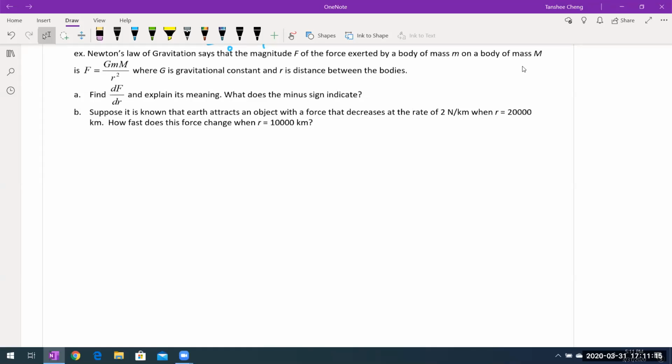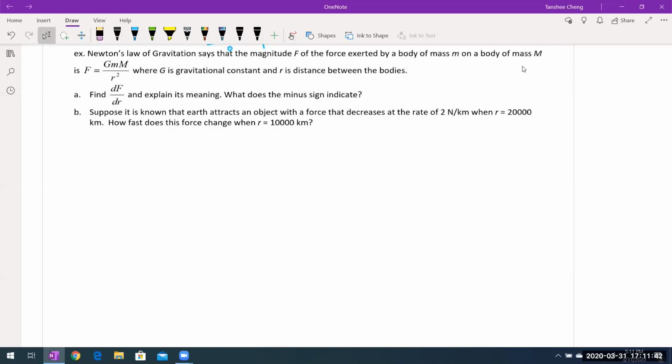What we are interested in now is, what if I take the derivative of this equation with respect to something? In this case, the only variable that we have is the distance, because the distance may vary between two objects. The masses of the objects are fixed once you start, and G is the gravitational constant, so that is also a fixed number.